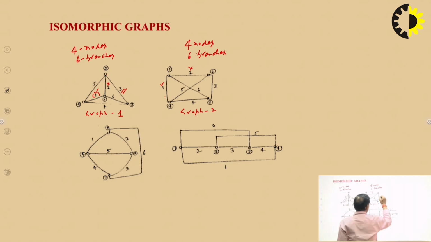Branch 4 is between 3 and 4. Branch 5 is between 2 and 4. Then branch 6 is between 1 and 3.